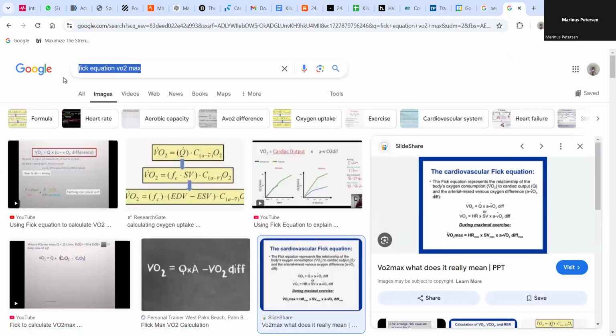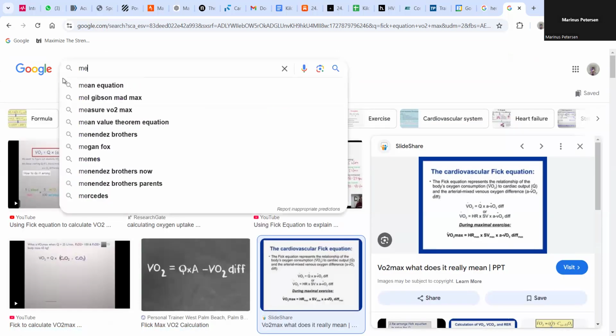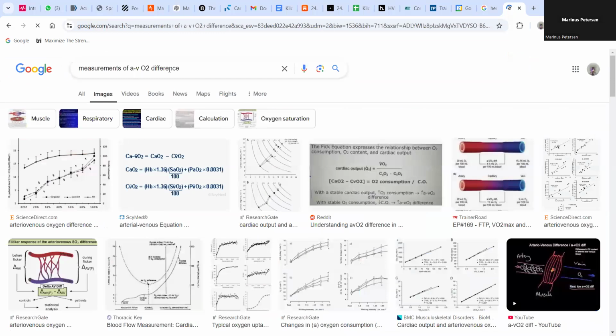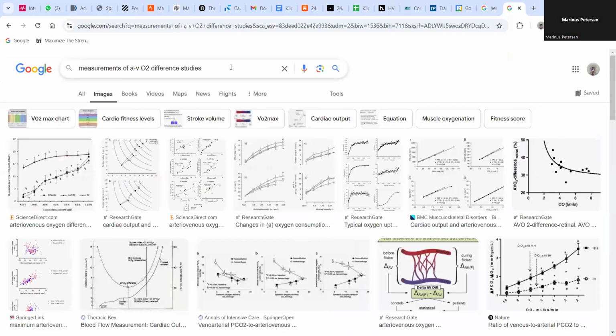Measurements of A minus V O2 are a horrendous thing to have done, but you've got to think people have done it. How can we get this up now?